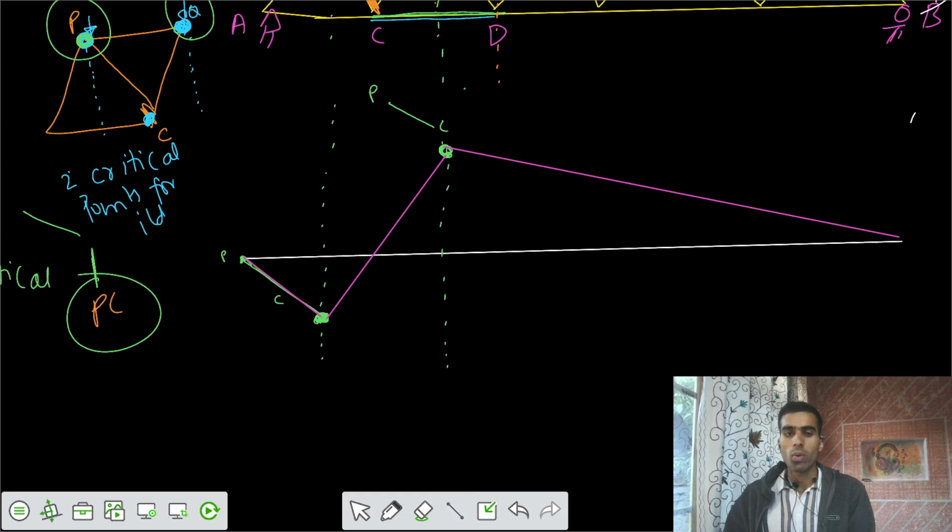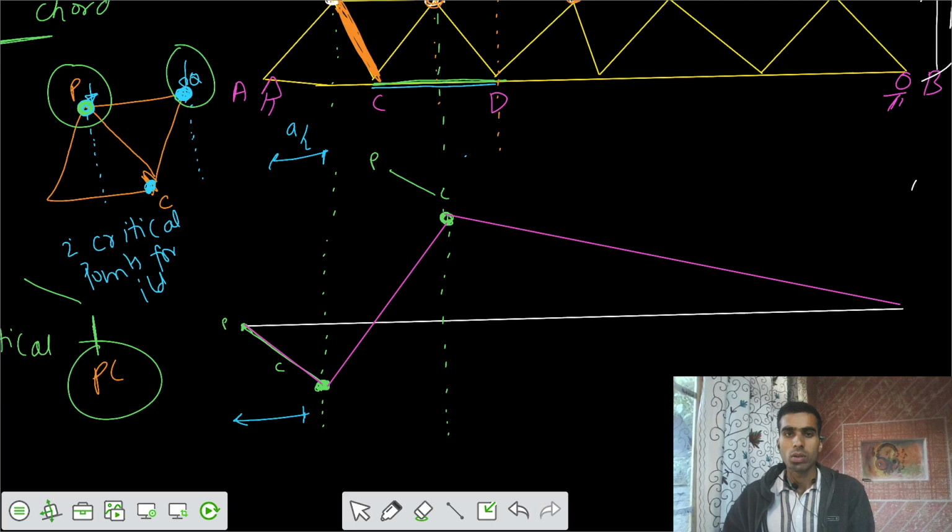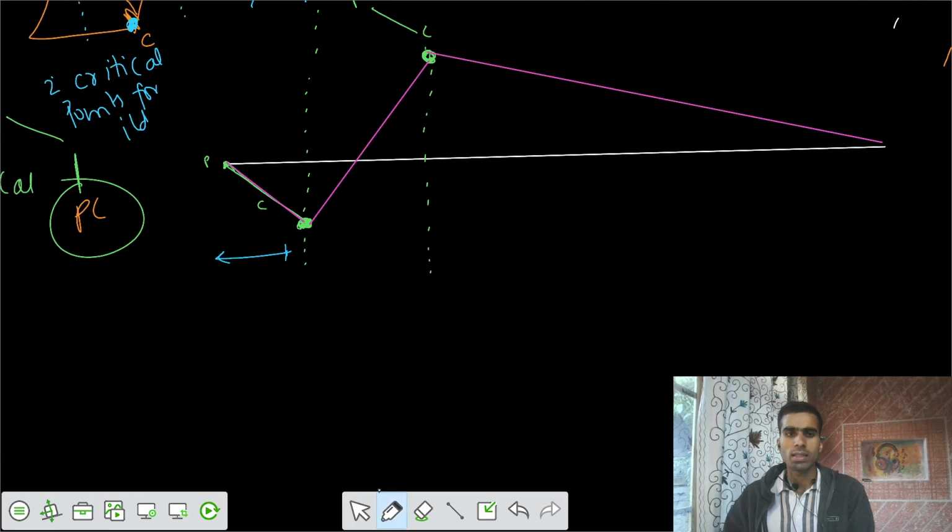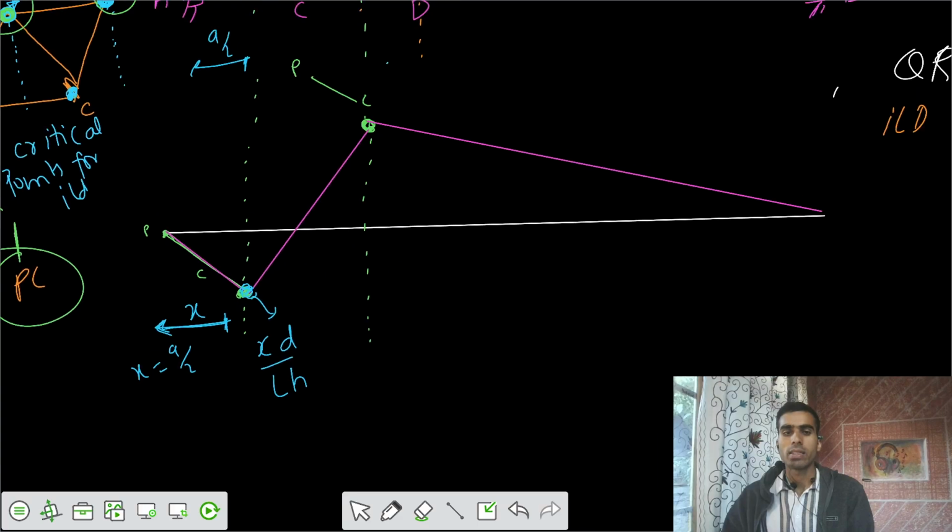Now what is the value we can have here? What is this value equal to? I would say this value is equal to some length of a by 2. Let's say this is some x value of a by 2. Then finally I would say this ordinate is equal to xd by lh, where the value of x is towards the negative side of the x-axis.